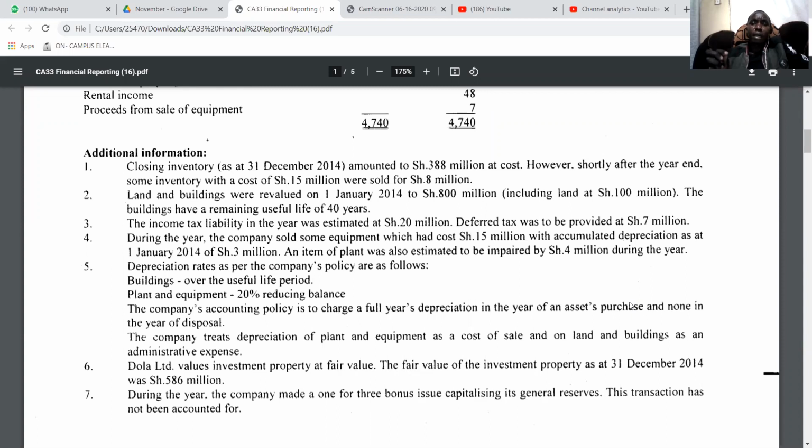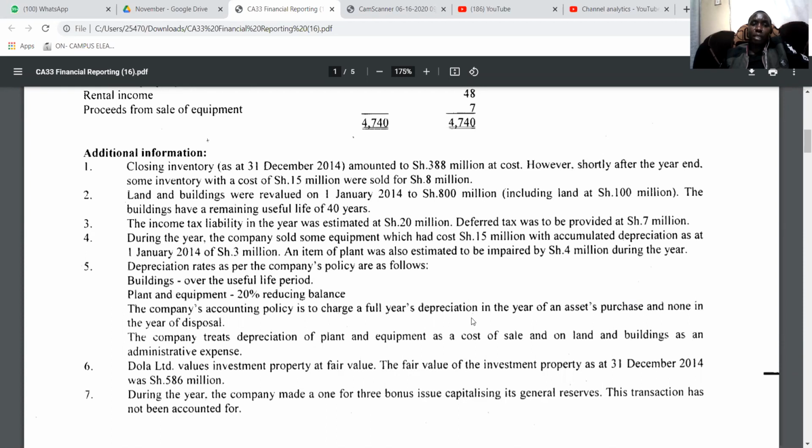Then after that, note 6, Dora Limited values investment property at fair value. The fair value of investment property as at 31st December 2014 was 586.